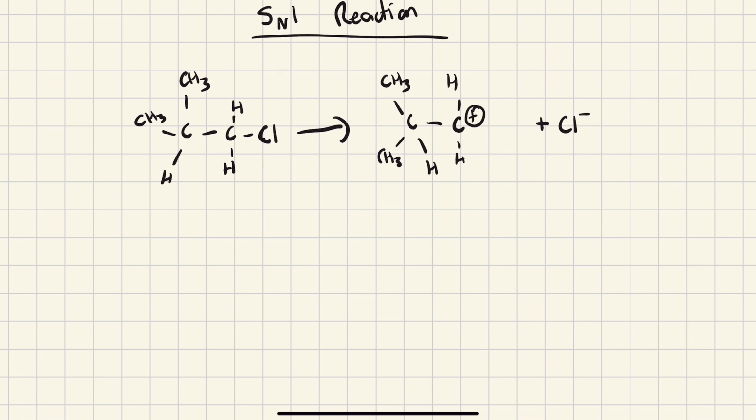We know it's a primary because the carbon that has the charge is only attached to one other carbon. But that carbon is tertiary. The carbon to the left, right here, is attached to 3 additional carbons. So if we can move the plus charge to this carbon, that would be a lot better for stability.